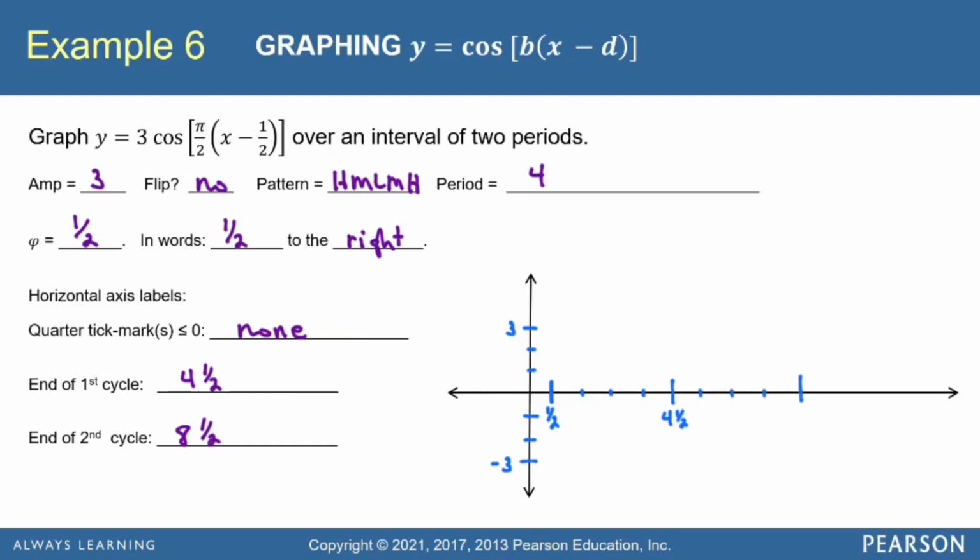And then 1, 2, 3, 4 again, and the end of the second period, of course, is 8.5. And then our pattern we know is high, middle, low, middle, high. So right here, starting at the phase shift, we'll put a dot at high, then middle, low, middle, high, and repeat that for the second pattern, and then connect the dots smoothly in that nice cosine shape.